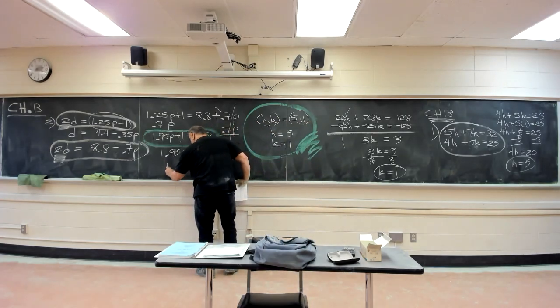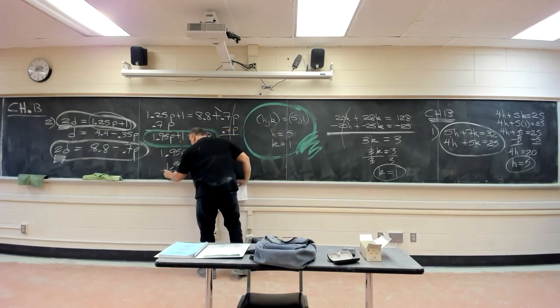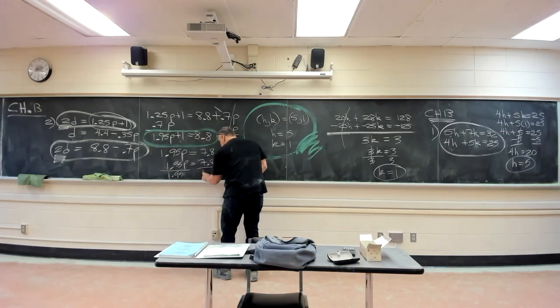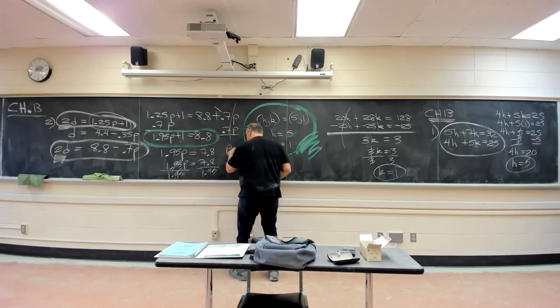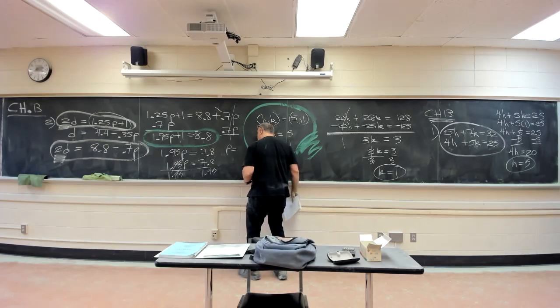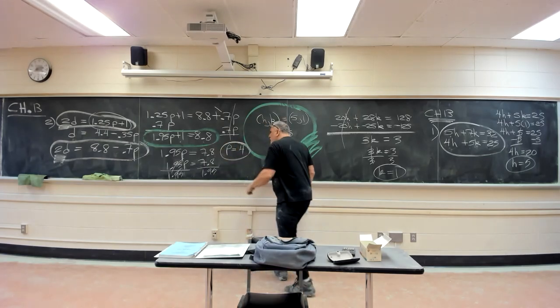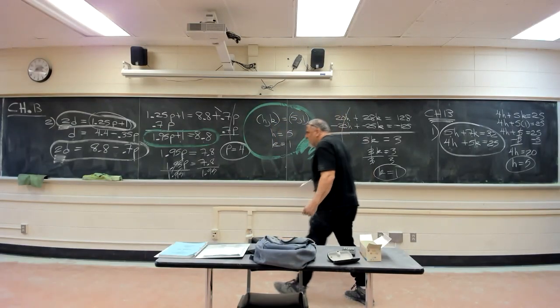If you got it down to here, divide by 1.95. This divided by this, I think it comes out to 4. P equals 4. If P equals 4, I think you're pretty set.